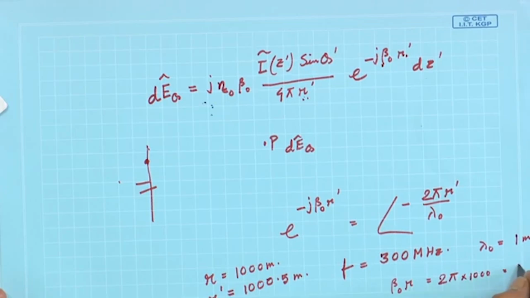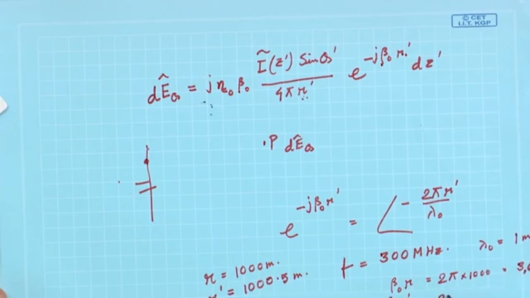That will be 360,000 degrees, whereas beta naught r dash is 2 pi into 1000.5.